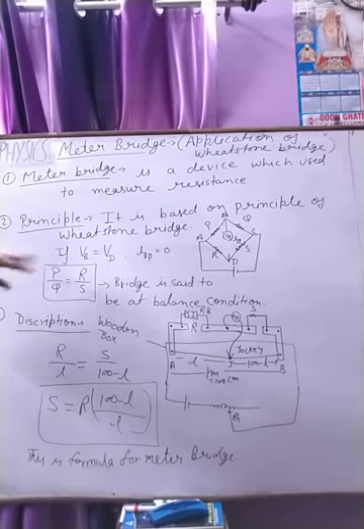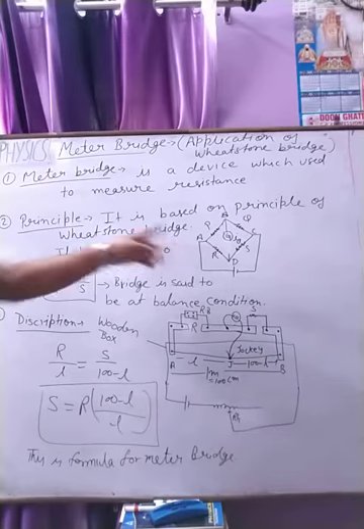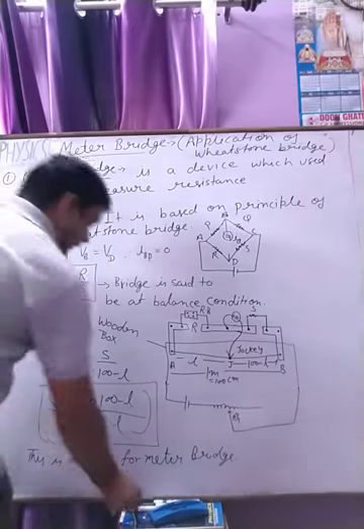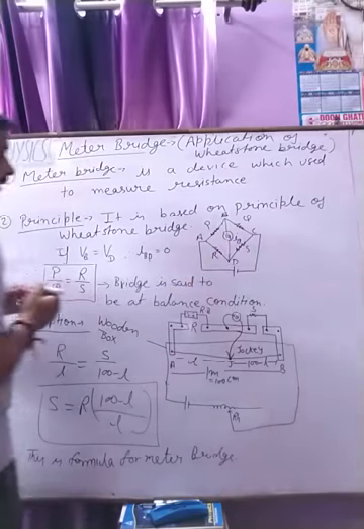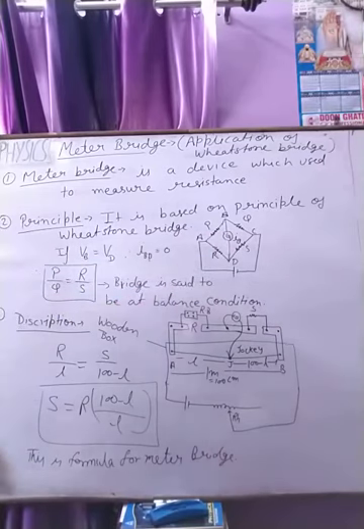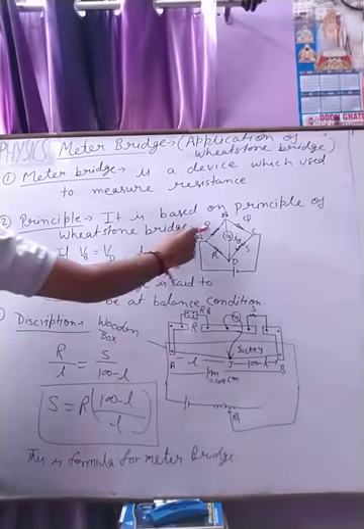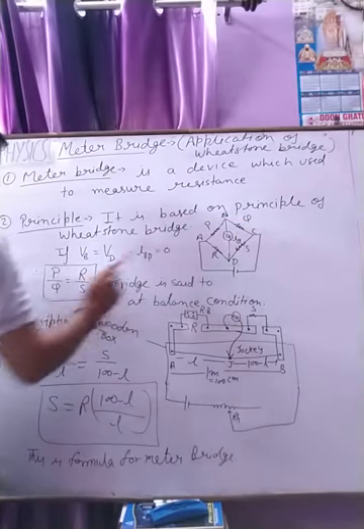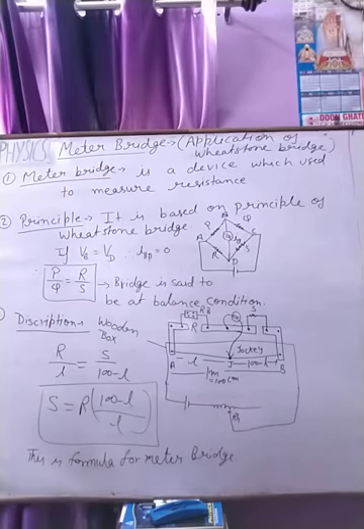Second, the principle on which it is based: the Wheatstone bridge principle, which tells that if the bridge is balanced, the current in diagonal BD is 0, therefore the ratio P upon Q is equal to R upon S. Then give the descriptive diagram and the working formula. Thank you.